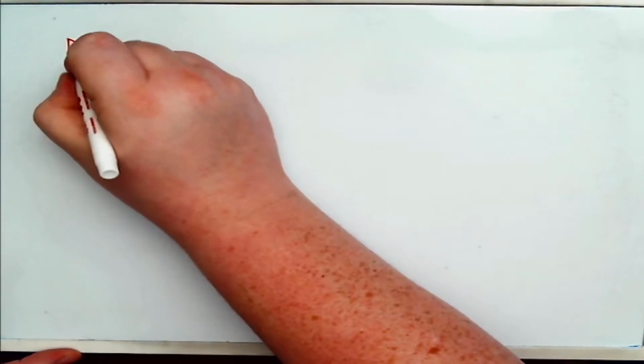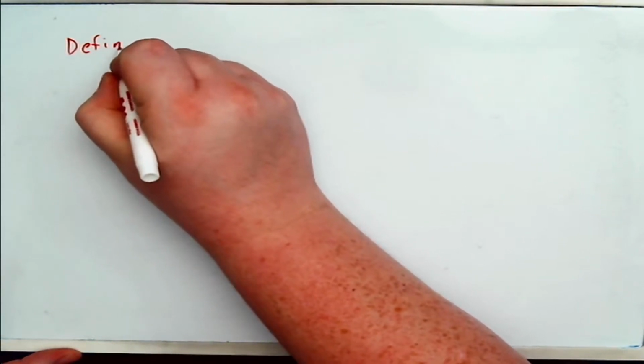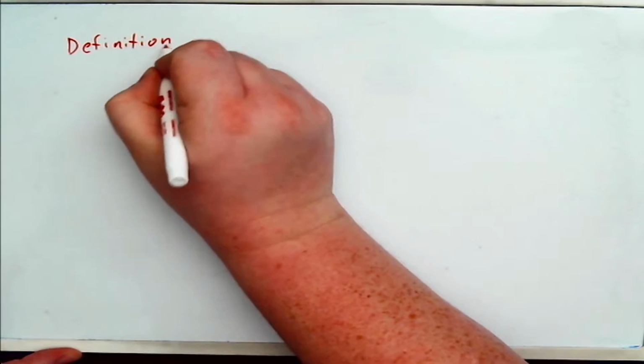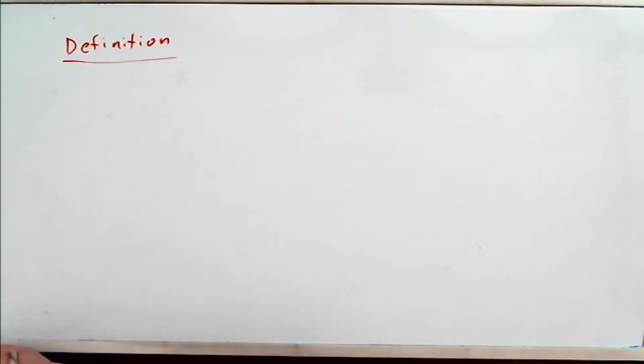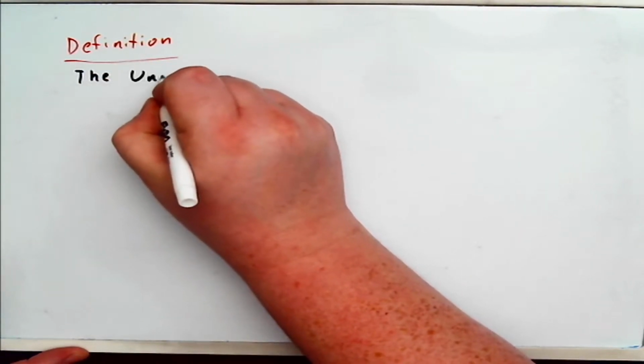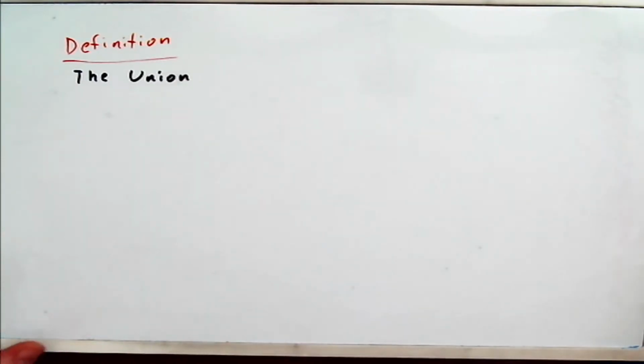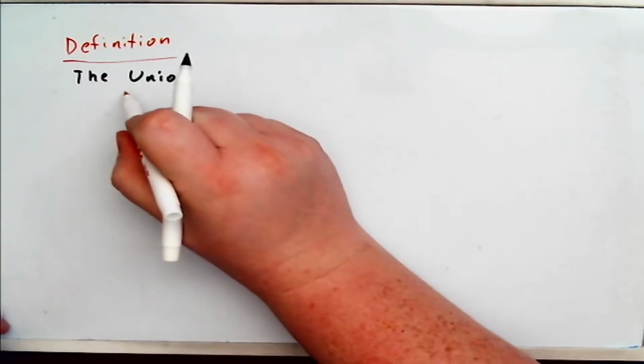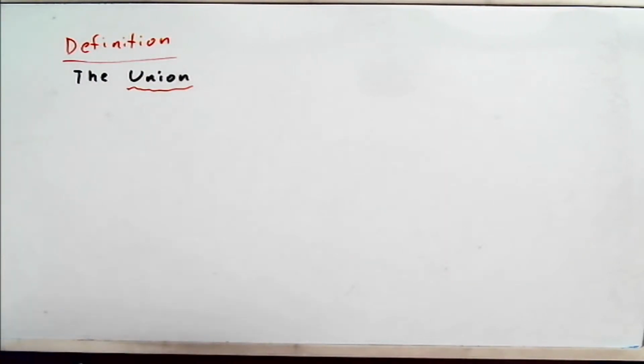Okay, so we begin with a definition, just like we have been previously. This is going to be the definition of union. So the union, and since this is the term we are defining, we're going to underline that. That's important.